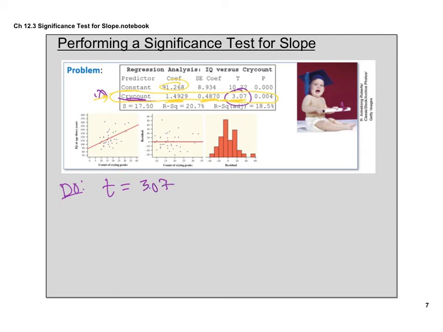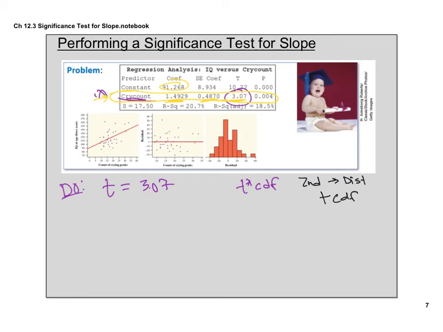And then you can go in and do TCDF to get the p value. So in your calculator, you would do second distribution, and look for TCDF, and then you've got your parameters there.